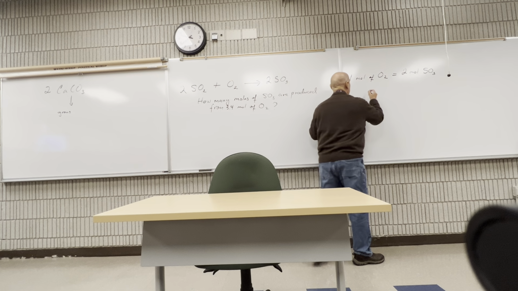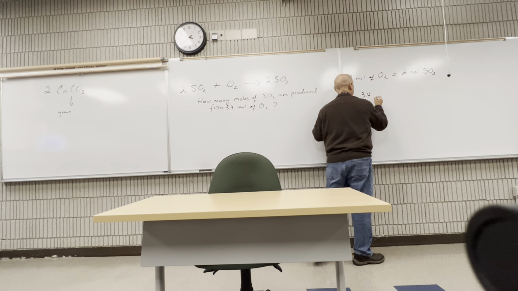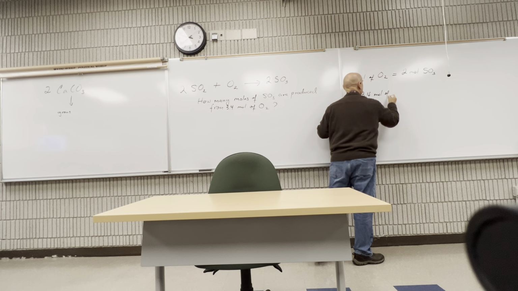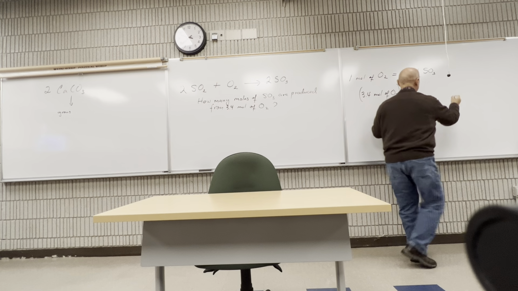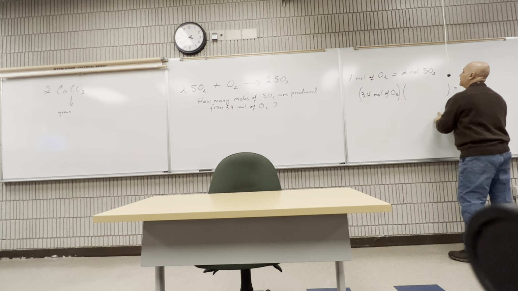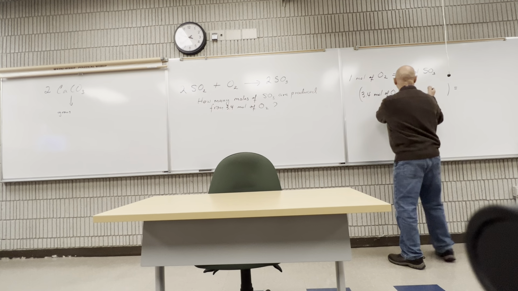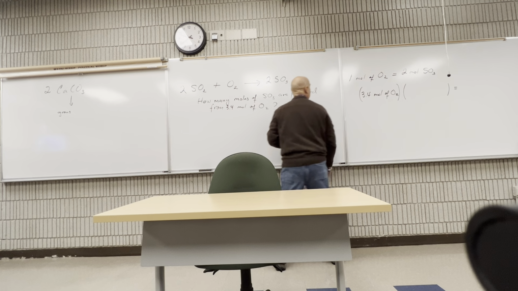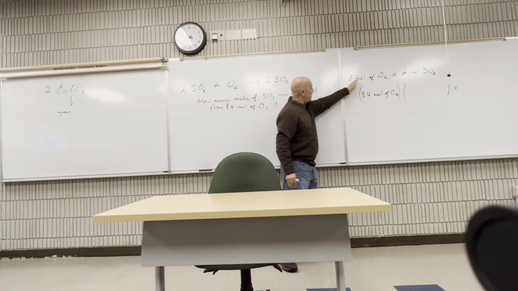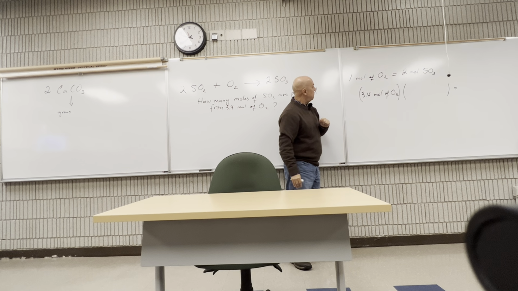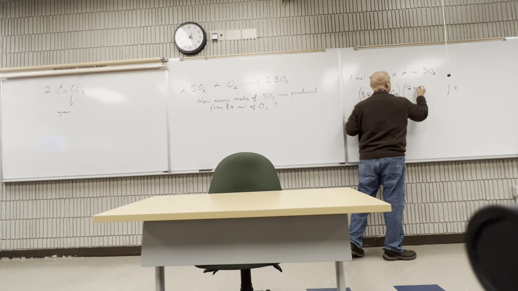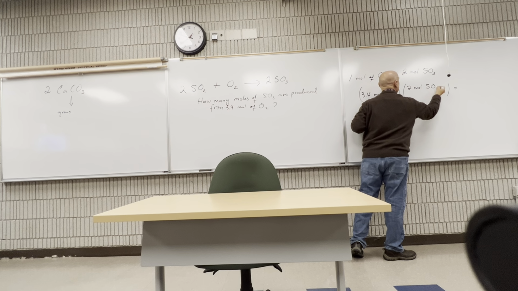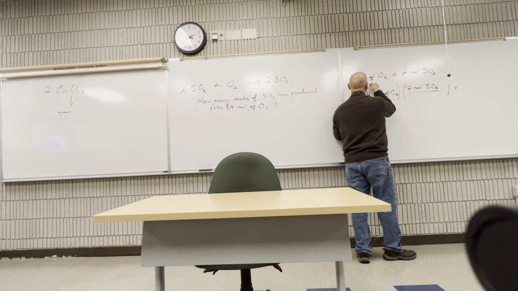So, as we have done before, we have 3.4 mole of O2, and we want to convert that to mole of SO3. So we need to multiply by a conversion factor coming from that equality that will cancel out mole of O2 and leave me with mole of SO3. So I choose the one that has this on top, and put this one on the bottom.